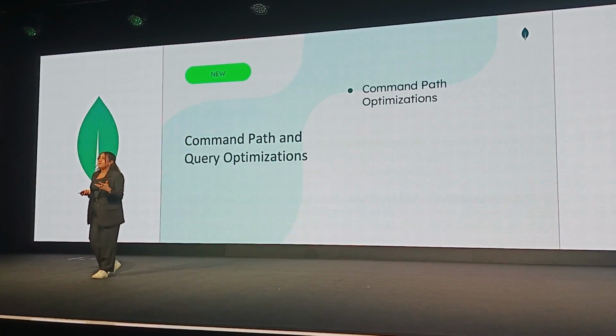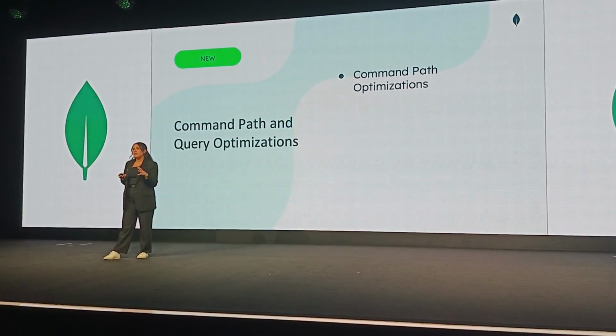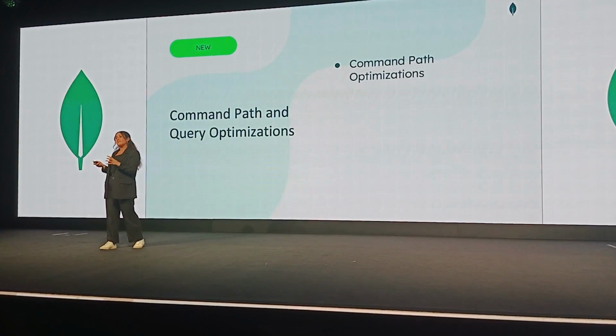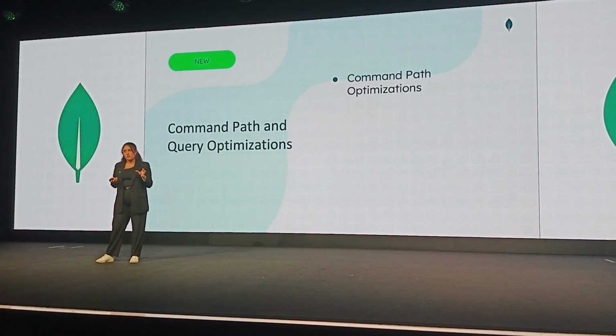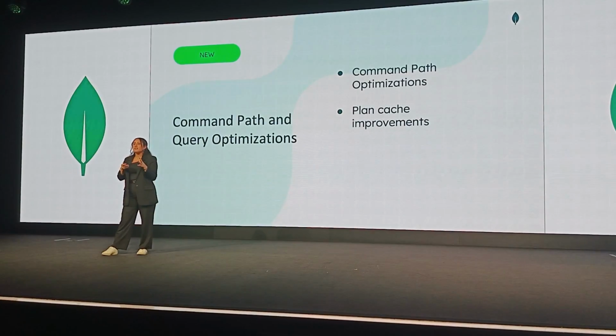We've also made improvements in terms of the query execution engine, starting with the command path. So we've optimized the command path. And maybe you are asking, what is the command path? This is what is responsible for executing queries on MongoDB. How did we do this? We removed unnecessary steps.